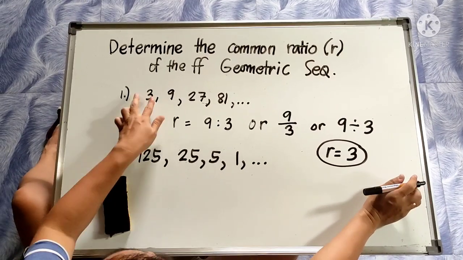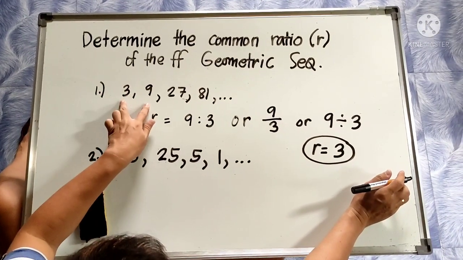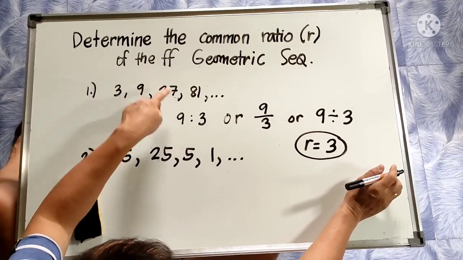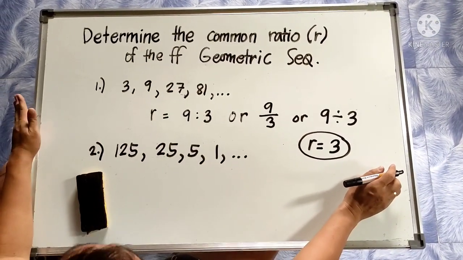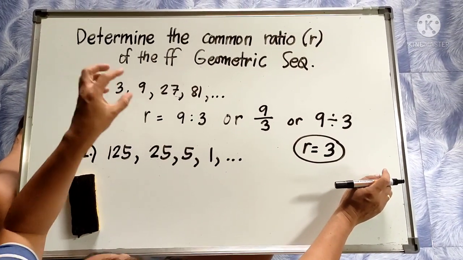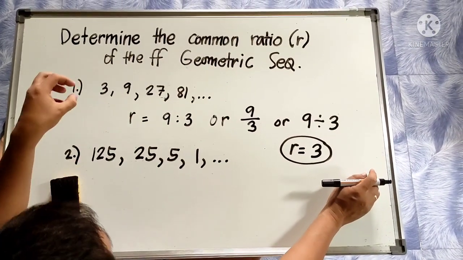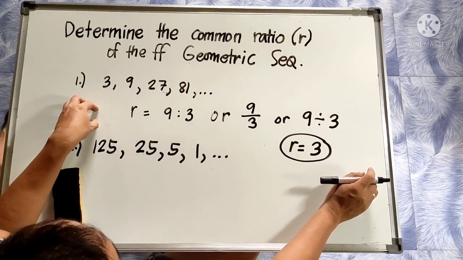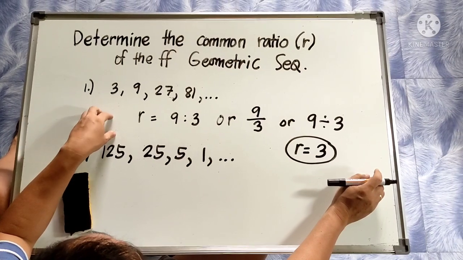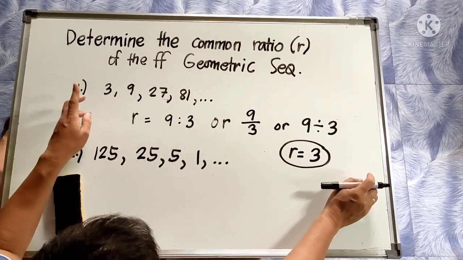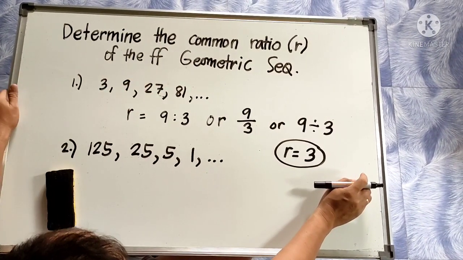Can you interchange the two? Can you have 3 divided by 9? 9 divided by 27? The answer is no. Just like in arithmetic, it should be the present divided by the previous. In arithmetic, you will have subtraction. Here, in geometric, you'll have division.